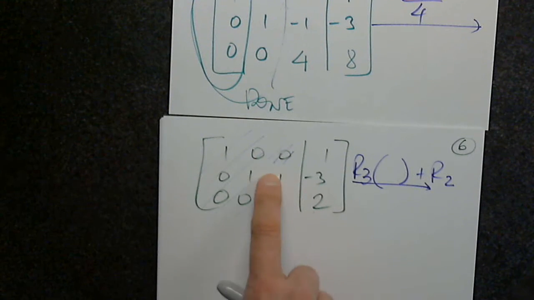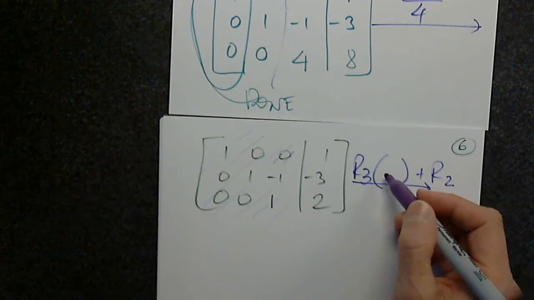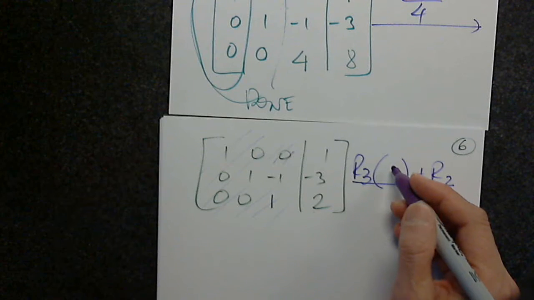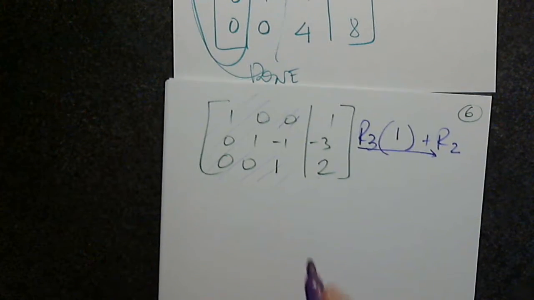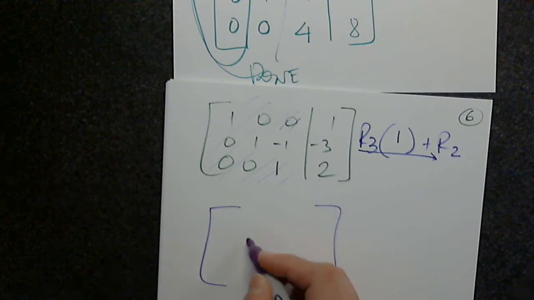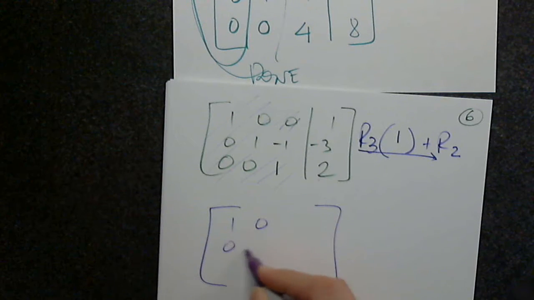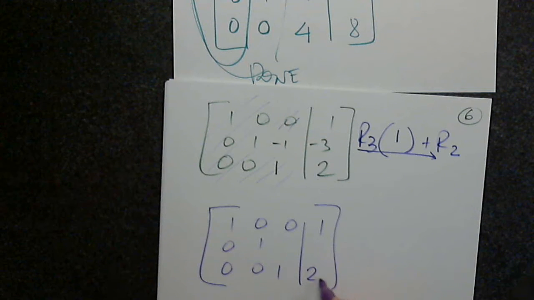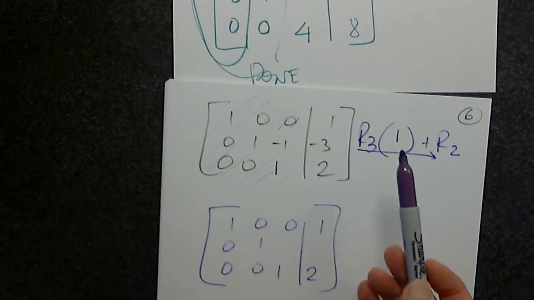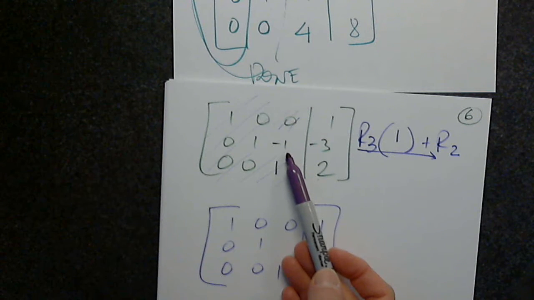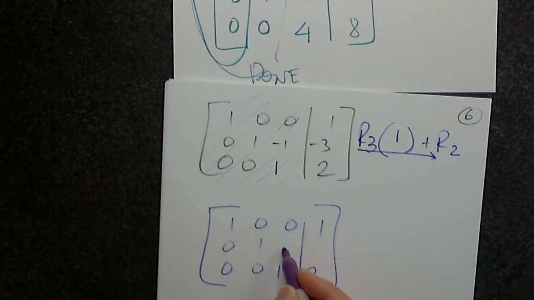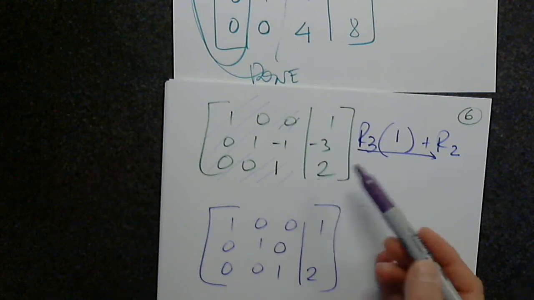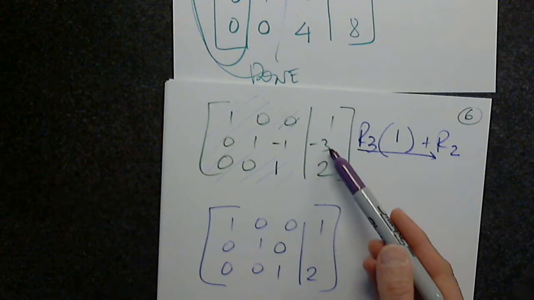I multiply this row to get a 0 here. By what? 1. Very good. Final step. 1, 0, 0, 1, 0, 0, 1, 0, 1, and 2. 1 times 1 minus 1. Perfect. 2 times 1 minus 3.